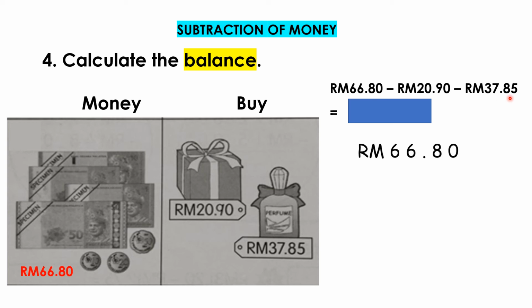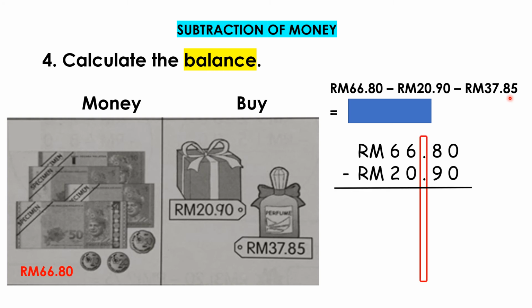So we start like this. We write 66 ringgit and 80 cent minus 20 ringgit and 90 cent. Make sure the dots are in the same line.